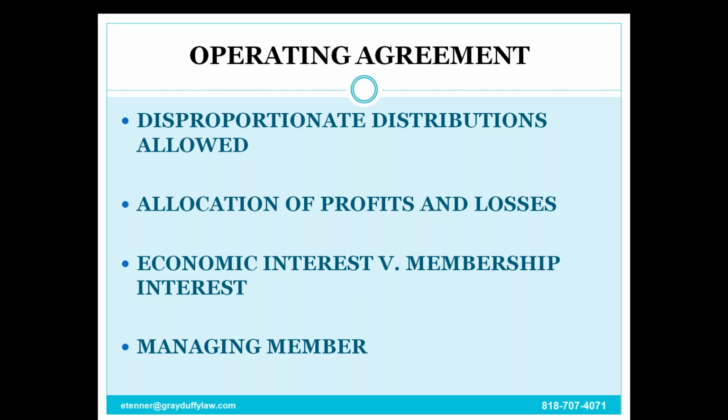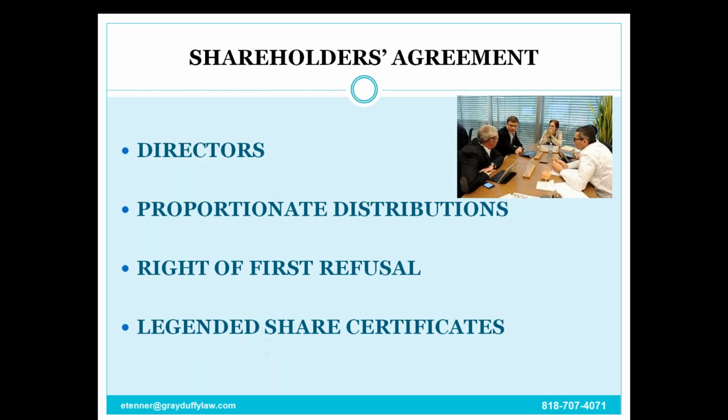And very significantly, it can provide that if somebody attains an interest, it can be only an economic interest with no voting rights, as opposed to a full membership interest, unless all the other members agree that the person should be a member. And in an operating agreement, there's typically a managing member that is named in the operating agreement. So those are some significant differences from a shareholders agreement.